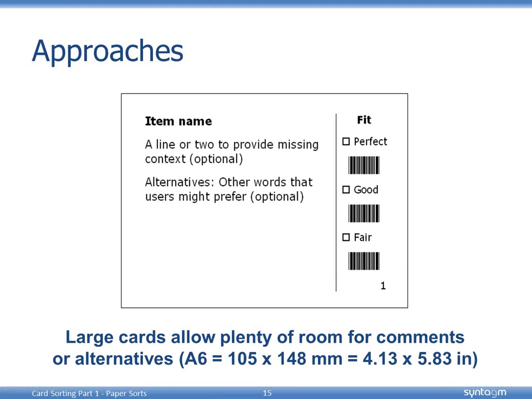People said, well, this term is unusual, it really ought to be called this, and so we were able to recommend that to the customer at the conclusion, as well as advice about how these things ought to be organized within the site.